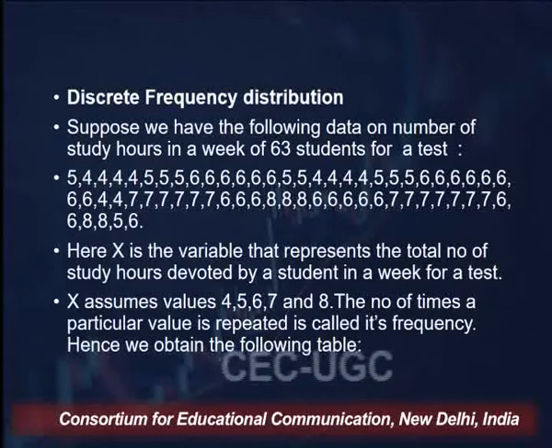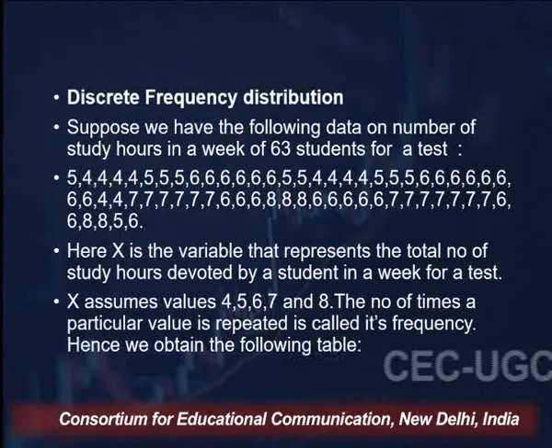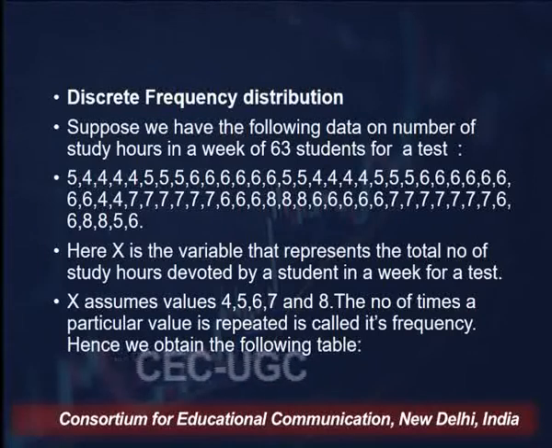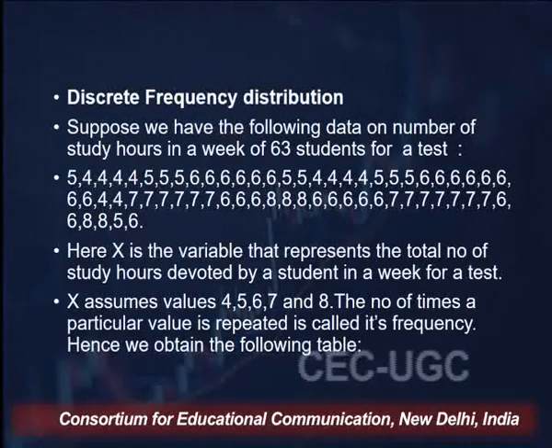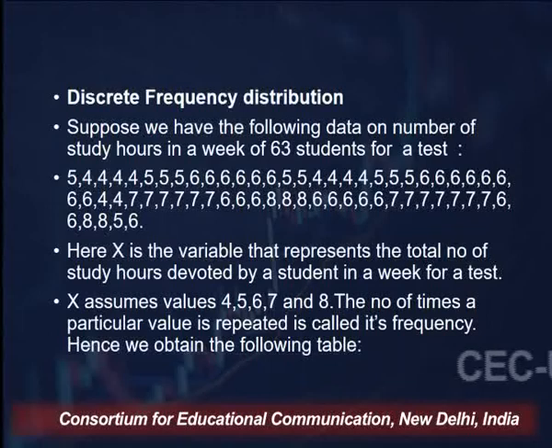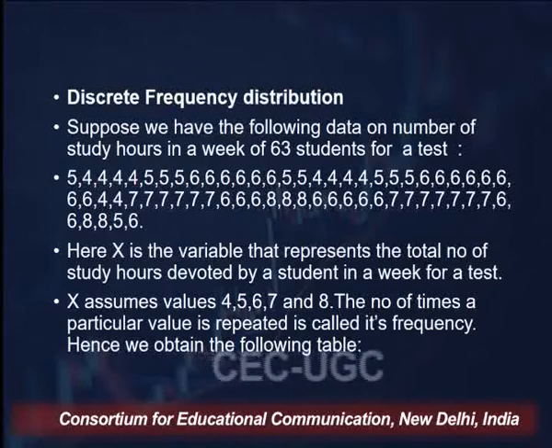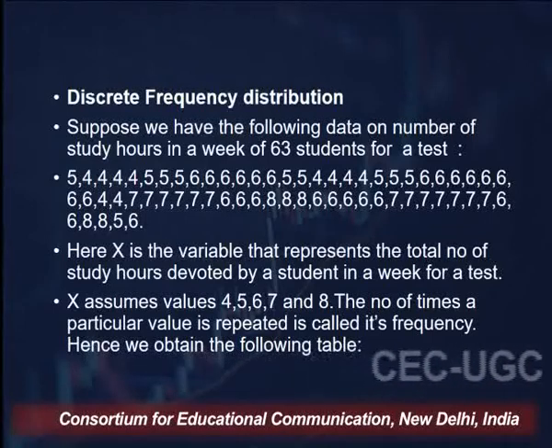Now first I will define a variable properly. My variable under study we will denote by capital X. Here capital X is the variable under study, and it denotes the total number of study hours devoted by a student in a week for a test.